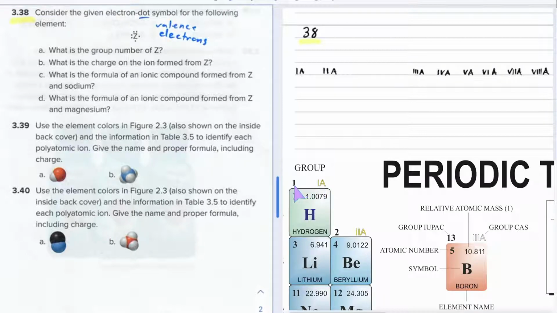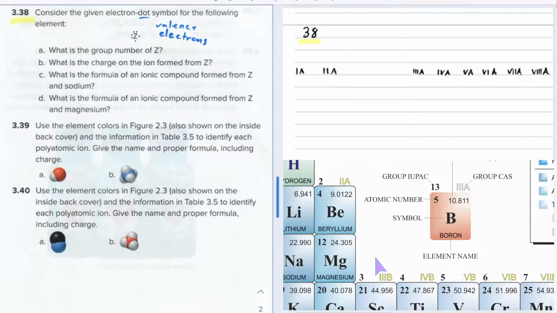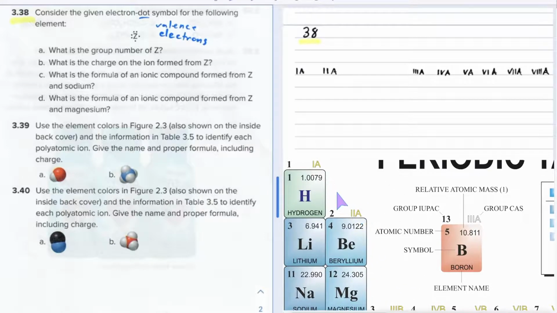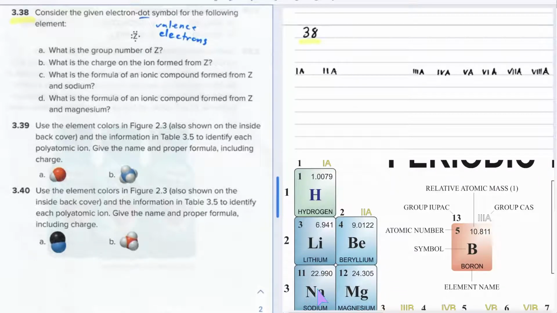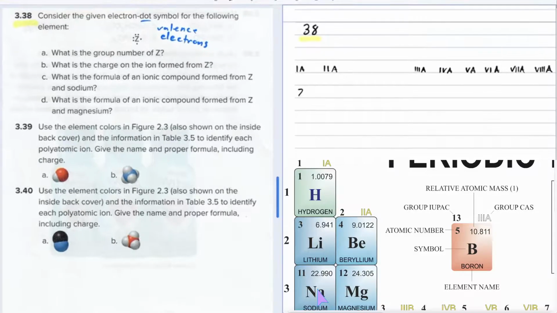Now don't use the 1 through 18 numbering scheme. You use the A's and the B's. So group 1A, all of these atoms in here get symbols that look like this. So we'll just put Z, and it gets 1 dot.